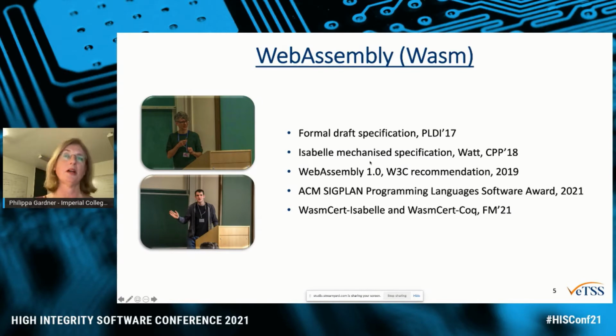Now we're at WebAssembly 1.0, so whereas this was a draft, now we're in a real W3C recommendation that happened in 2019. My community loves this language, and we've given them an award.